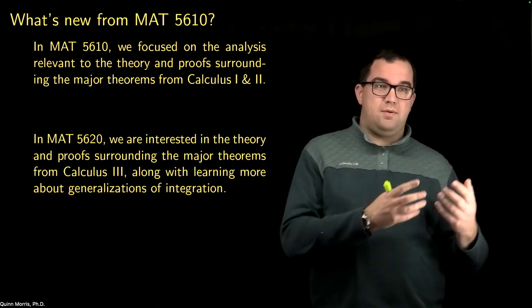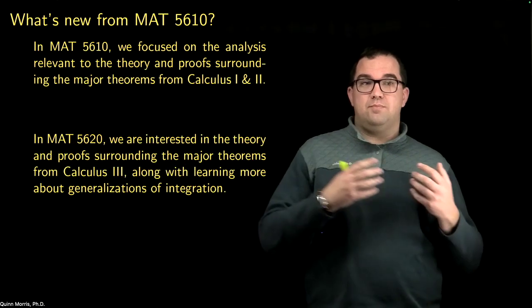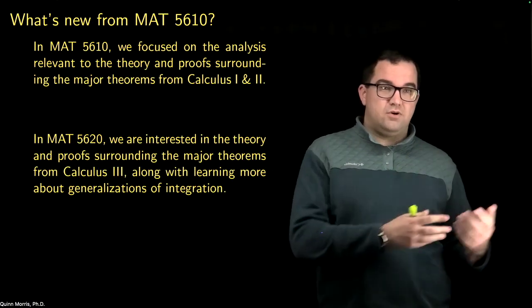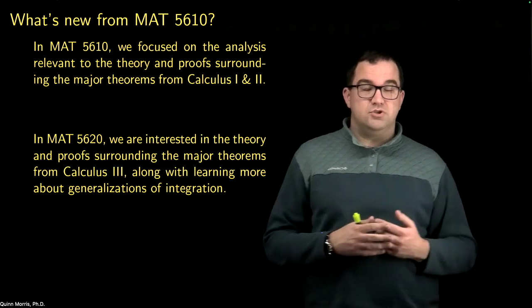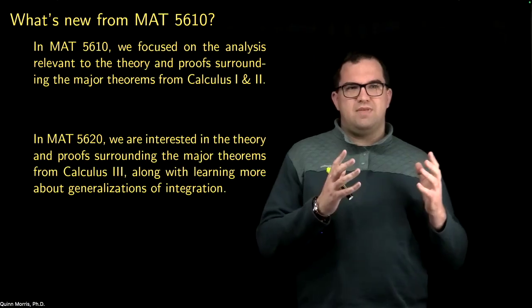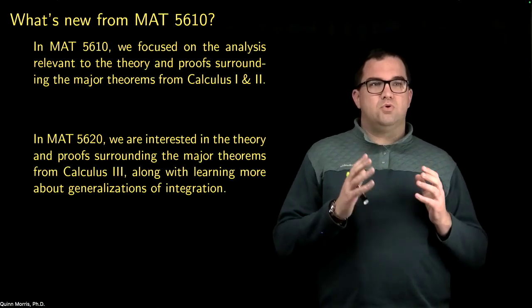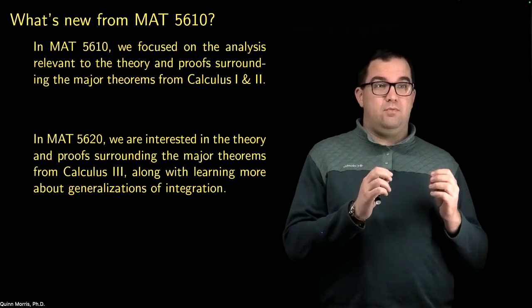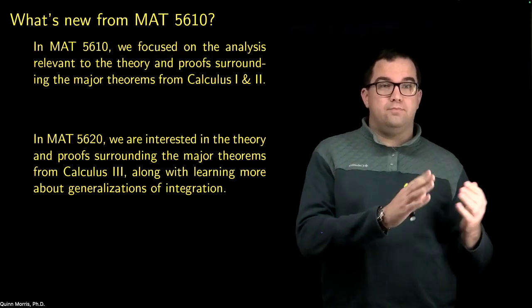Once we understood some about limits, then we moved to continuity, properties of continuous functions, then to differentiation, theorems about differentiable functions, and then finally on to integration. So we spent much of that 5610 really just looking at real valued functions of a single variable. So functions from R to R.